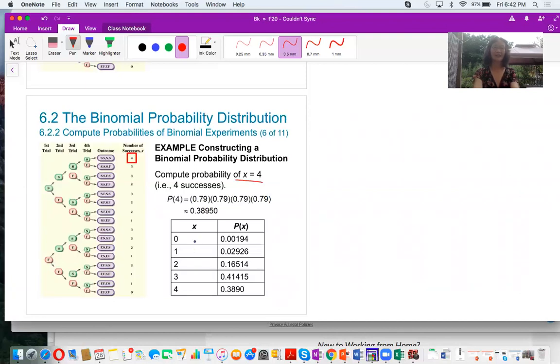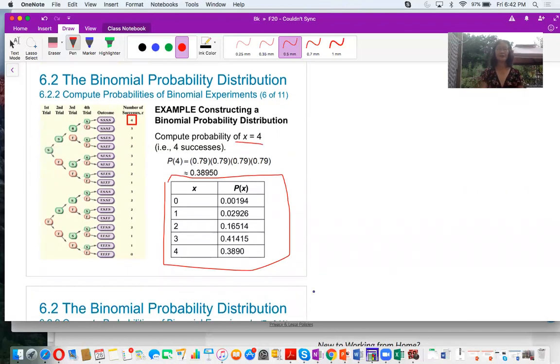After all of this calculation, you get this table, the probabilities for 0, 1, 2, 3, 4.